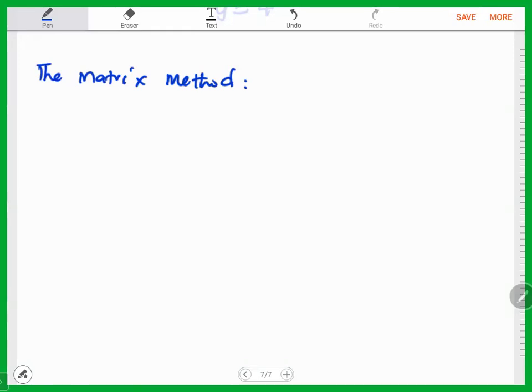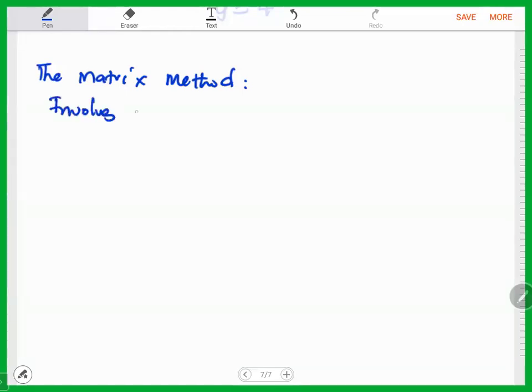Now the matrix method involves expressing the equation in a given format. We all know how a matrix looks. So a matrix is going to come in.